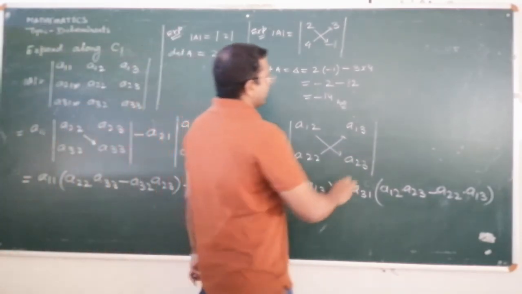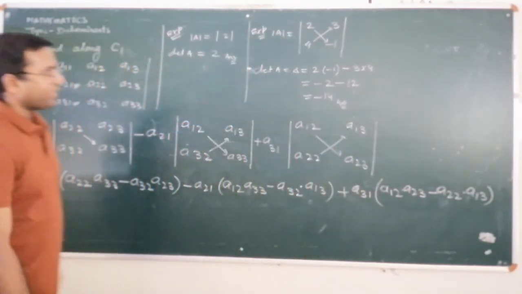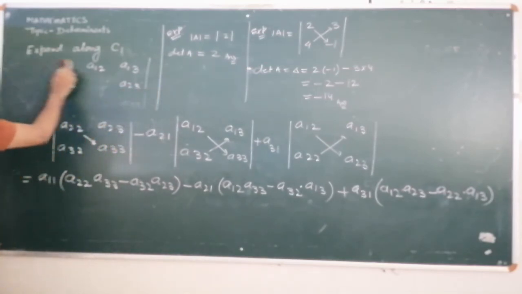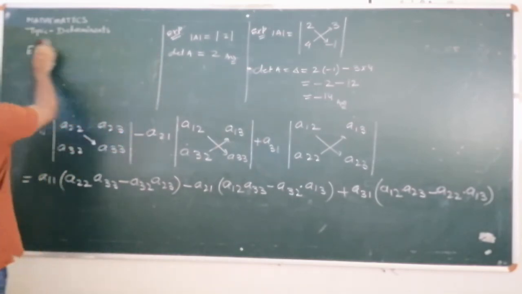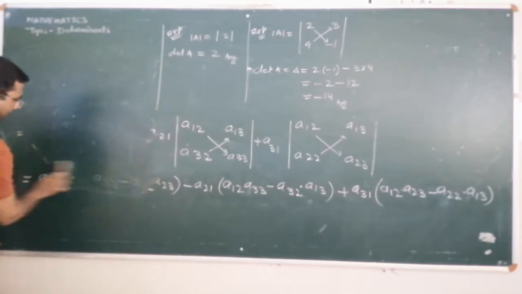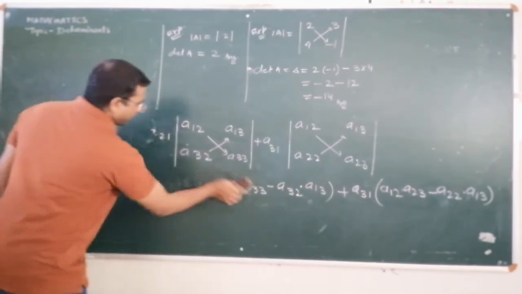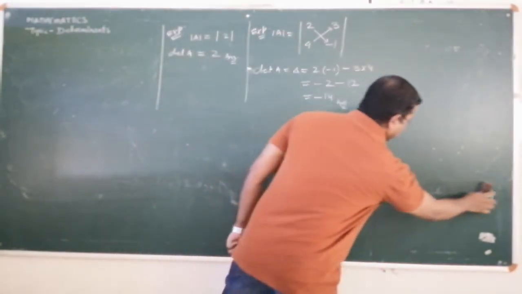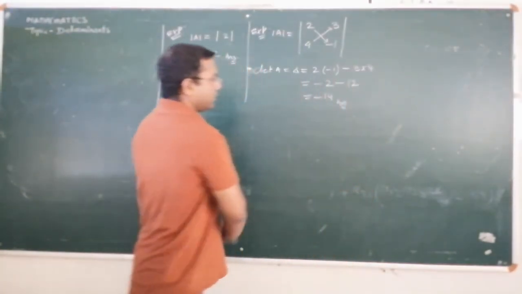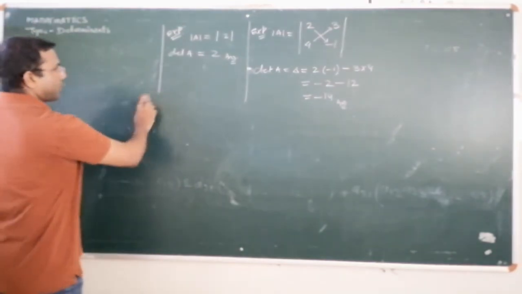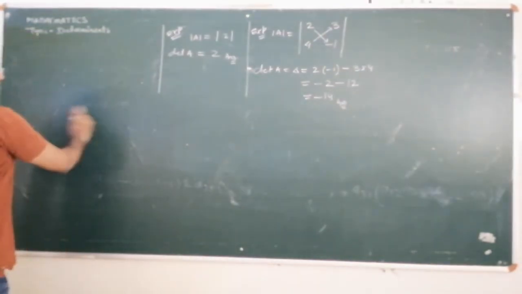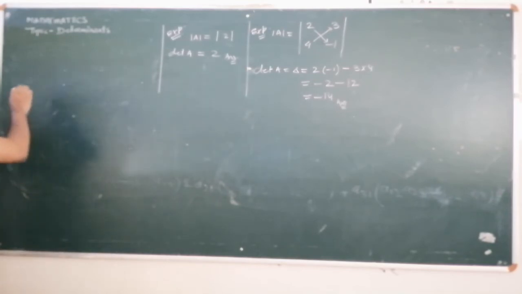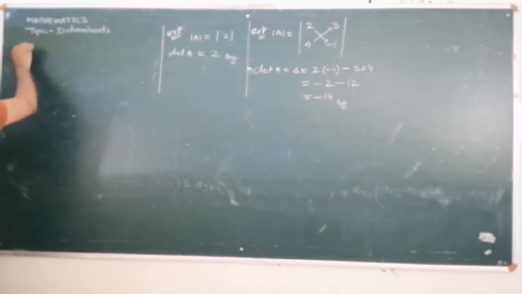And now the question is, if suppose we have a determinant of order 3, then how we will find the value? So let us see. I am expanding one determinant. See now one example.